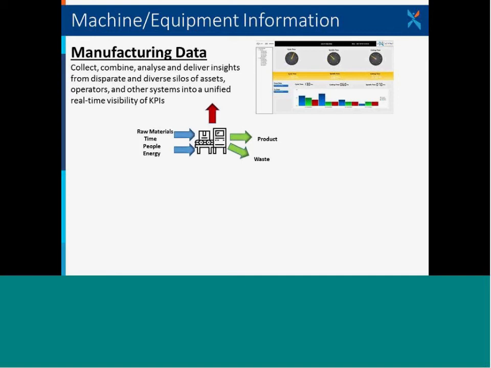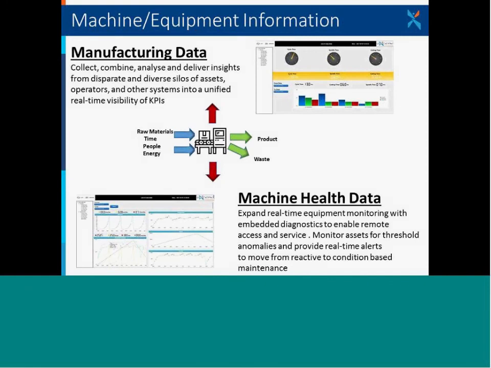There is also another opportunity, which is at the very early stages of adoption: how the machine builders can use the same machine data collection unit to look at their machine health.